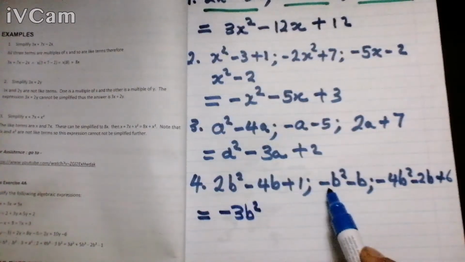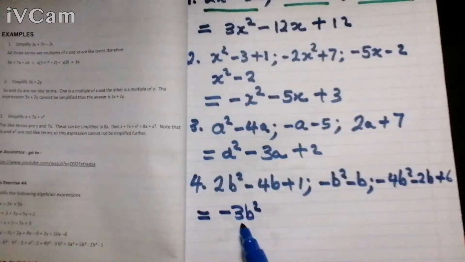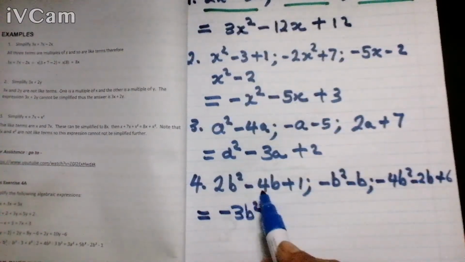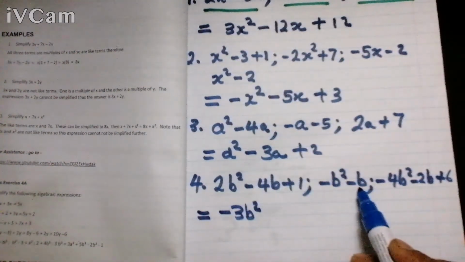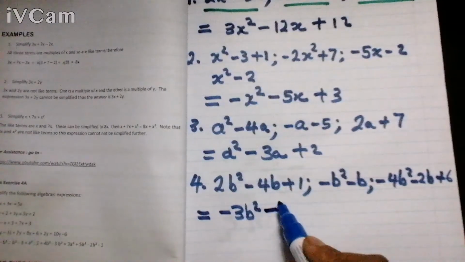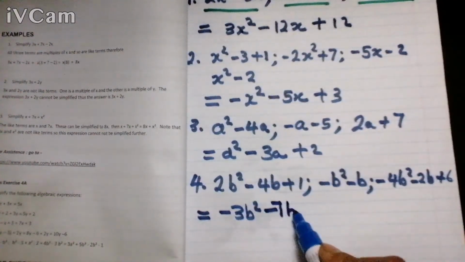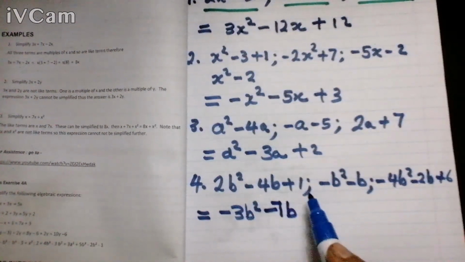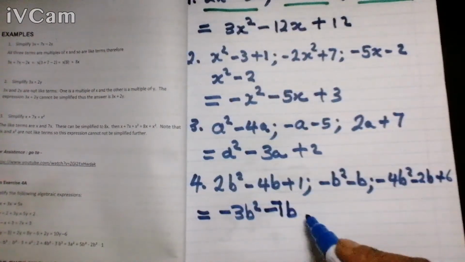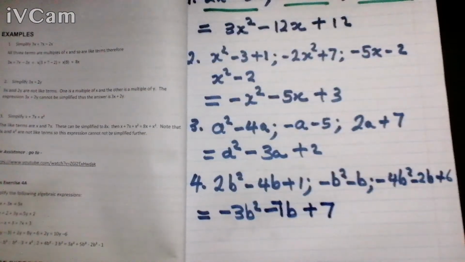Let's look at the terms involving b's. So you got minus 4b and a minus b there, that's minus 5b, and a minus 2b there, that's going to be minus 7b. And the number here is 1, no number here, plus 6, which is going to be plus 7.